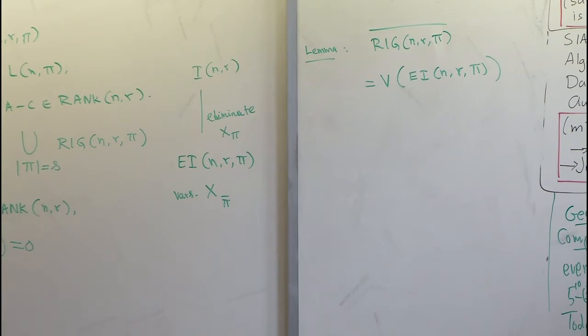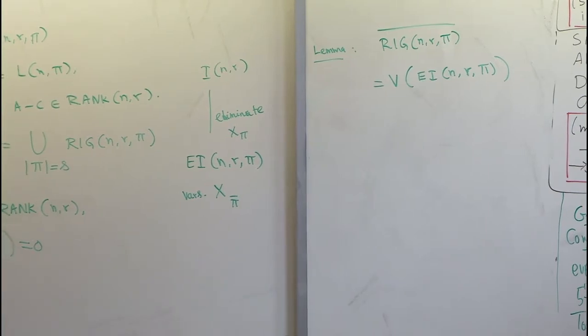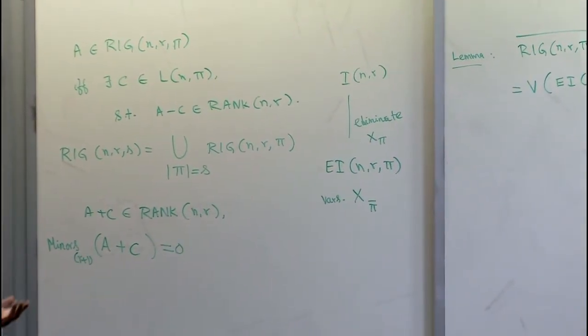So in order to understand the matrices for which there exists a C satisfying this property, you would like to eliminate the variables corresponding to C and get an algebraic condition on the entries of it. And that's exactly what we are doing.